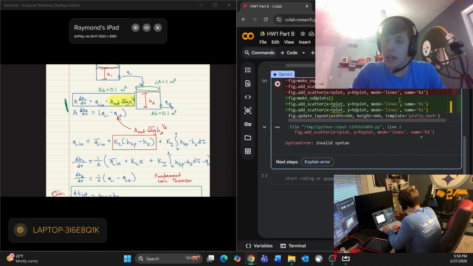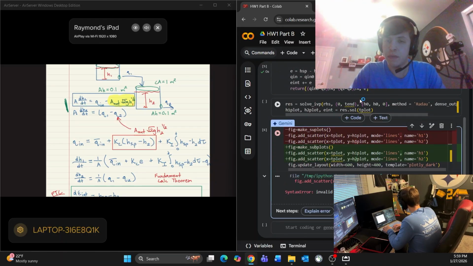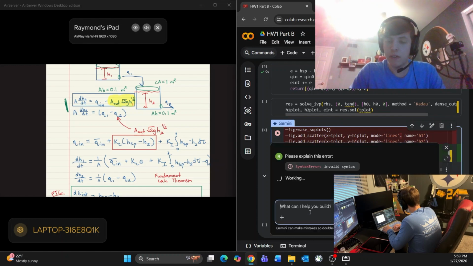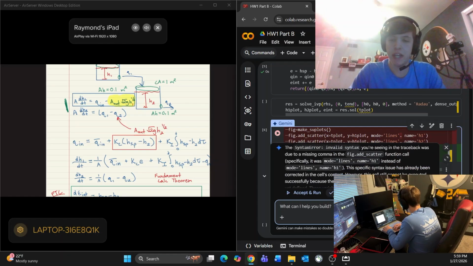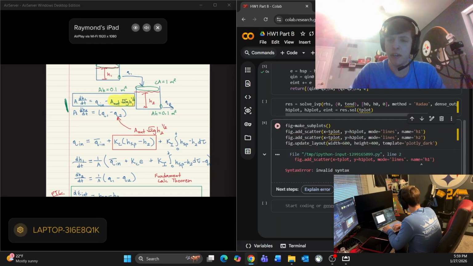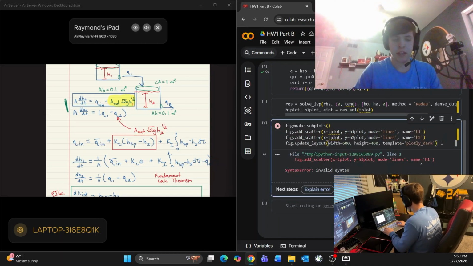Oh, I do see the issue with this. So the only issue is we added a period where we should add a comma. So we're going to accept this change, and then we're going to run this again.